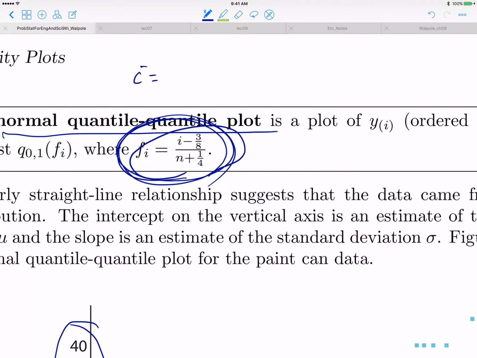Here i is some integer value, and depending on your sample size n, the probability value at which you have to consider the quantile follows this discrete set. So i becomes 1, 2, 3, and so on, and then these probability values will have their own discrete values, a finite number of values.